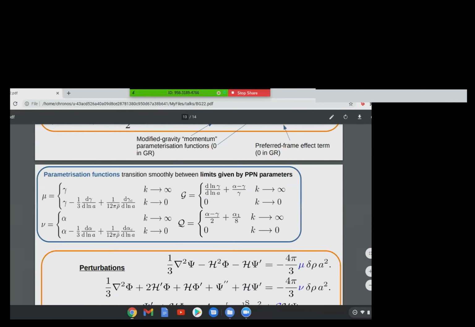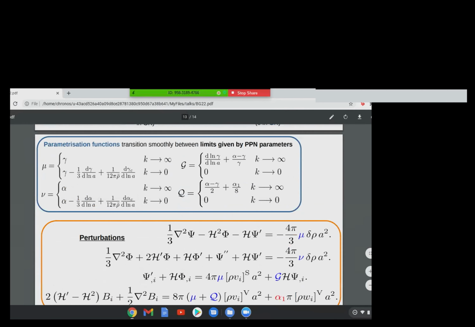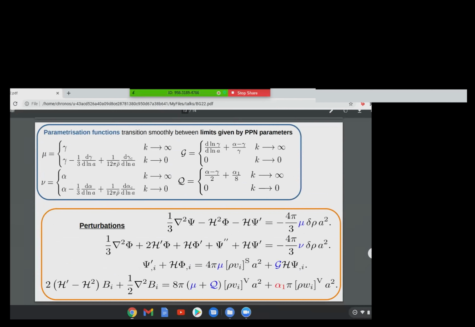So although we don't know the exact form of mu and nu at all points on the k axis, we know what they would have to look like in certain limits if we can observationally constrain those parameters, say in the solar system. And therefore, if we smoothly join between them, we can get a handle on how the potentials, say phi and psi, must be behaving across the whole range of length scales.